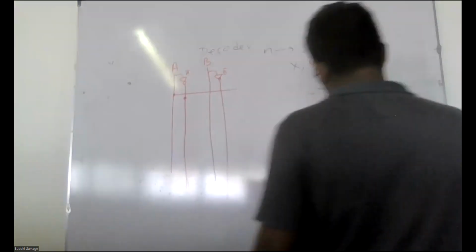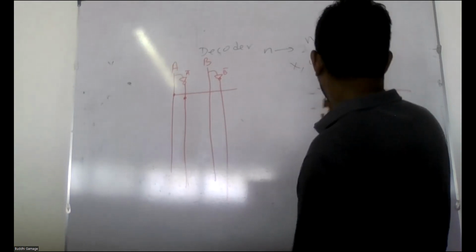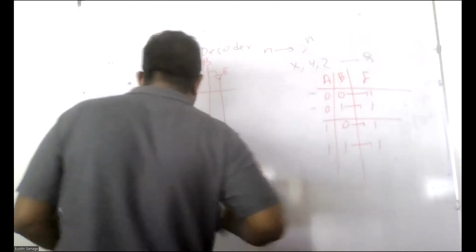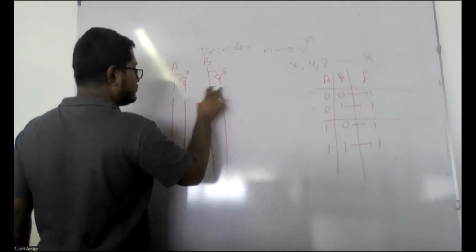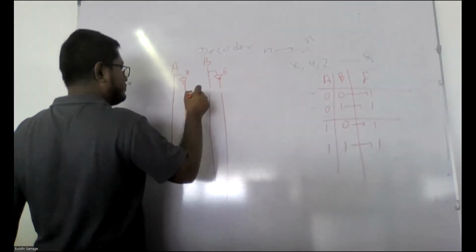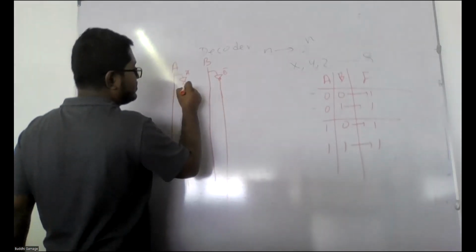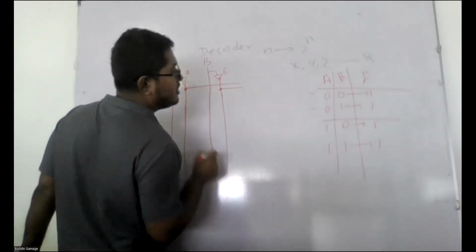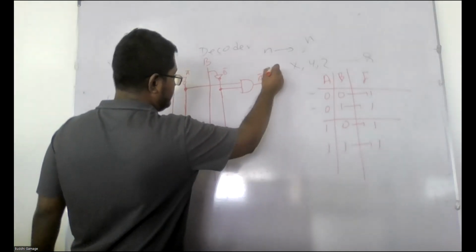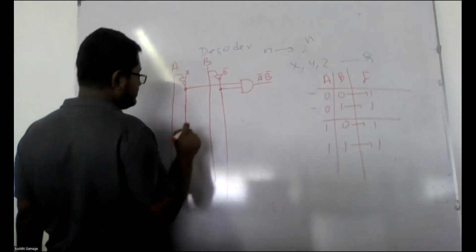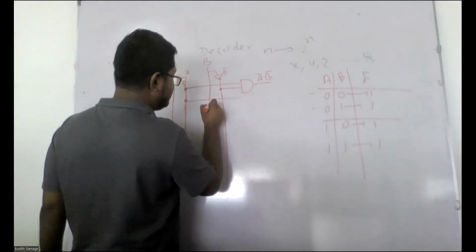So what actually gives A, B, say A bar and B bar. B bar and B bar. And so this is A bar, B bar. Right. So next one A bar and B.